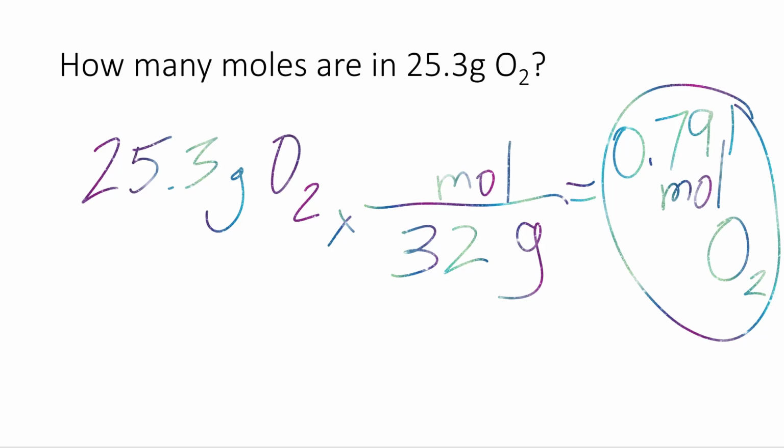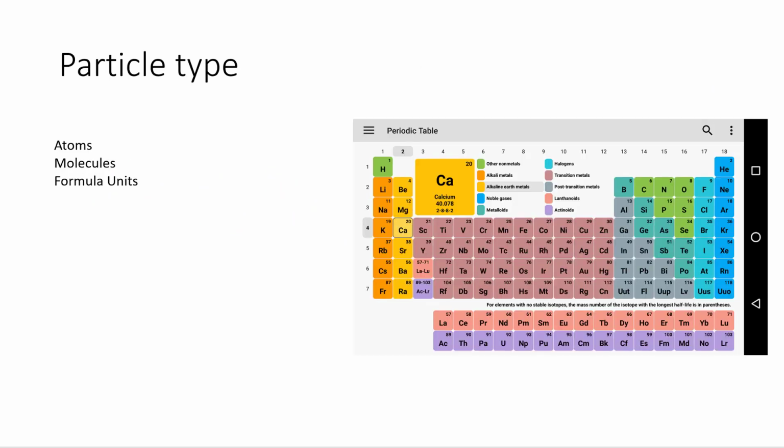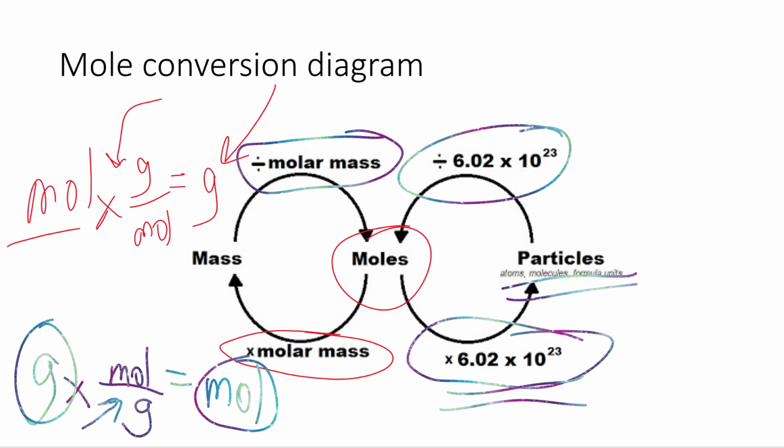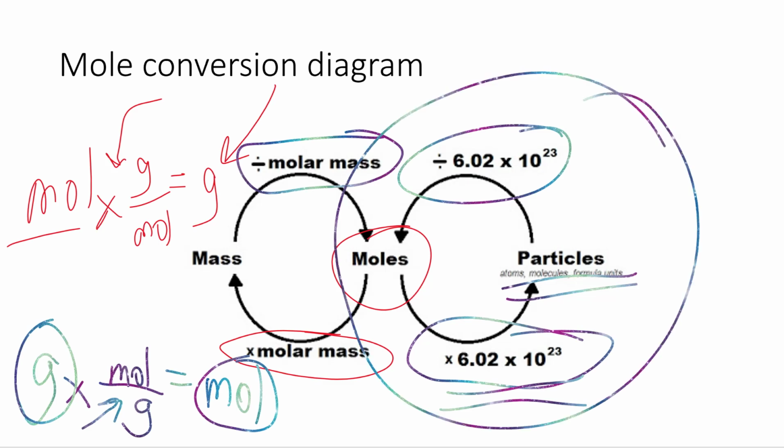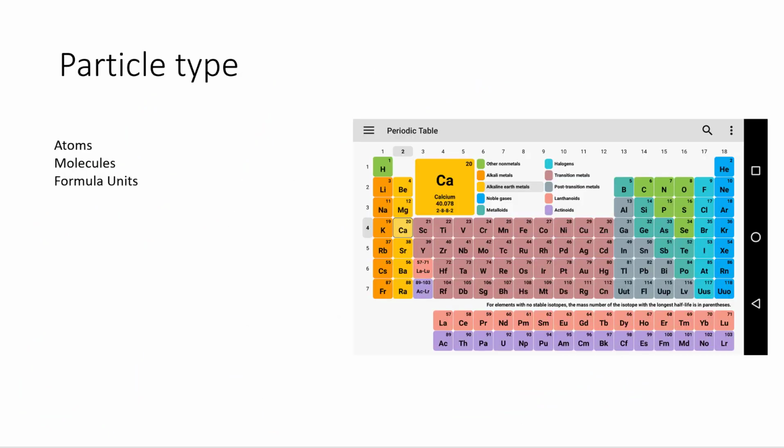So now we are going to talk about the new kinds of mole conversions. Basically, how do you go from moles to particles, for this right side of this diagram, from moles to particles and particles to moles. So first, you have to know the 3 kinds of particles. An atom is when the symbol is just by itself.